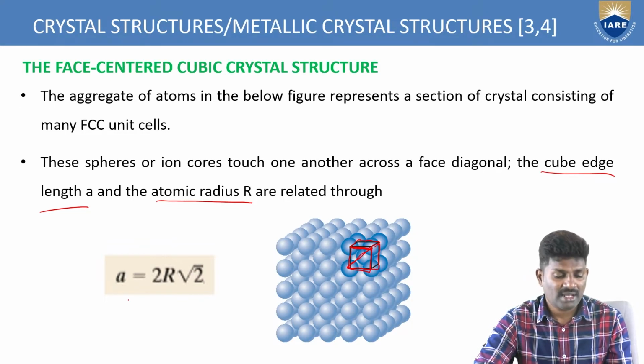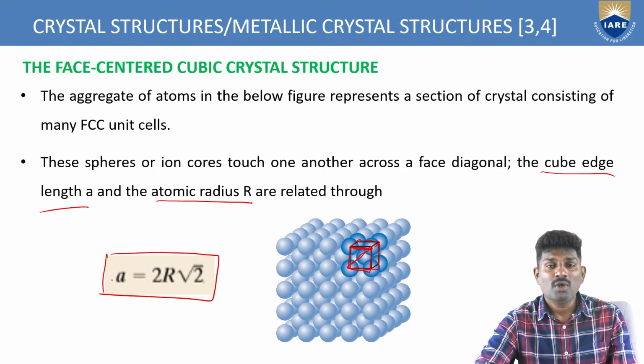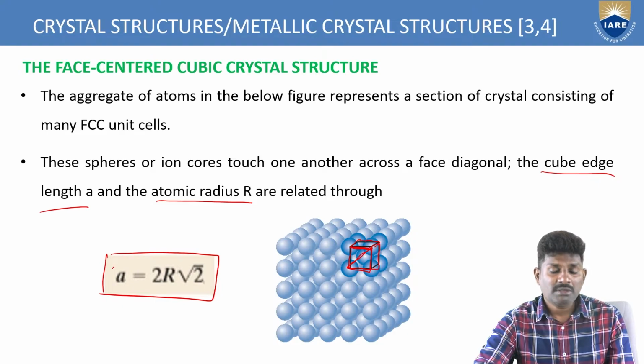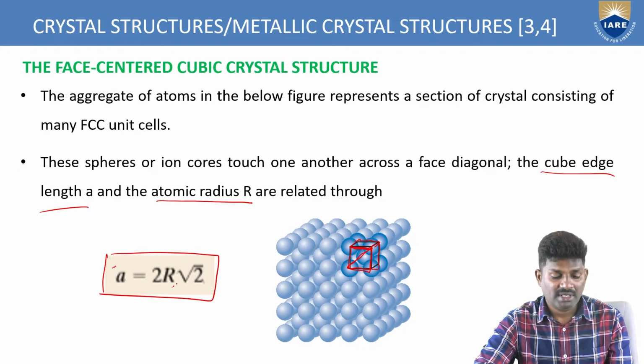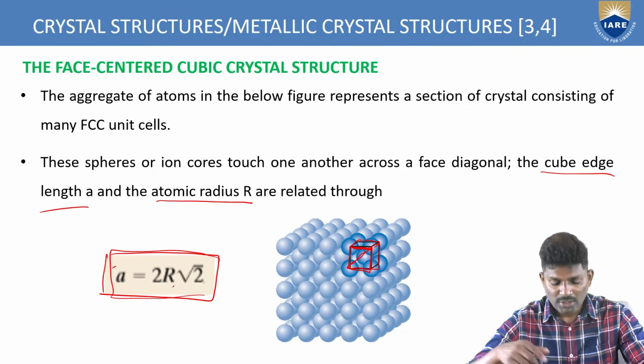From this right angle triangle, you have the relation a equals 2R into root 2. This is how you can easily find the relation between the atomic radius and the cube edge length. If you want to find any cube edge length, you use the formula a equals 2R root 2, where R is the atomic radius.